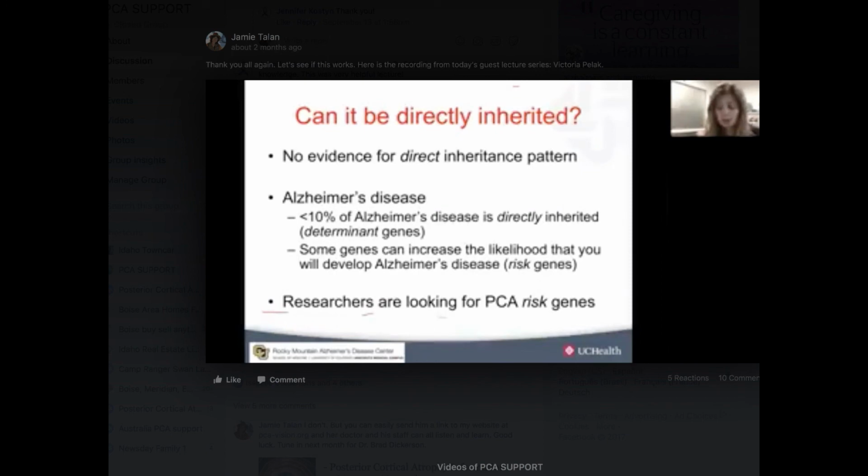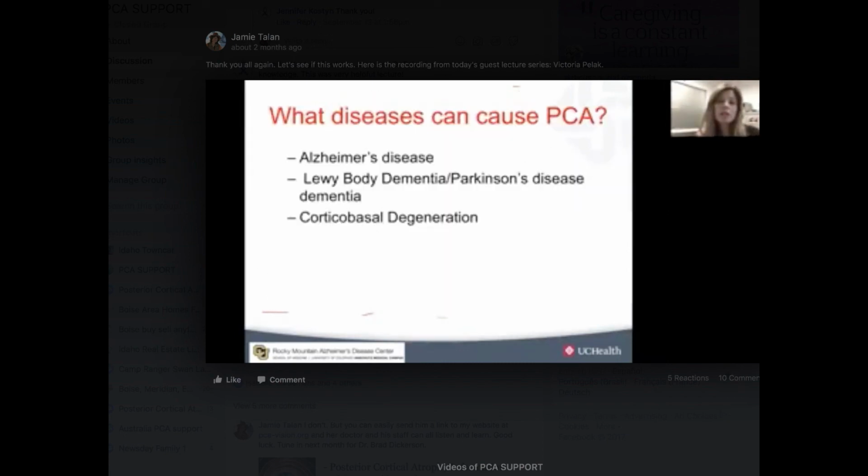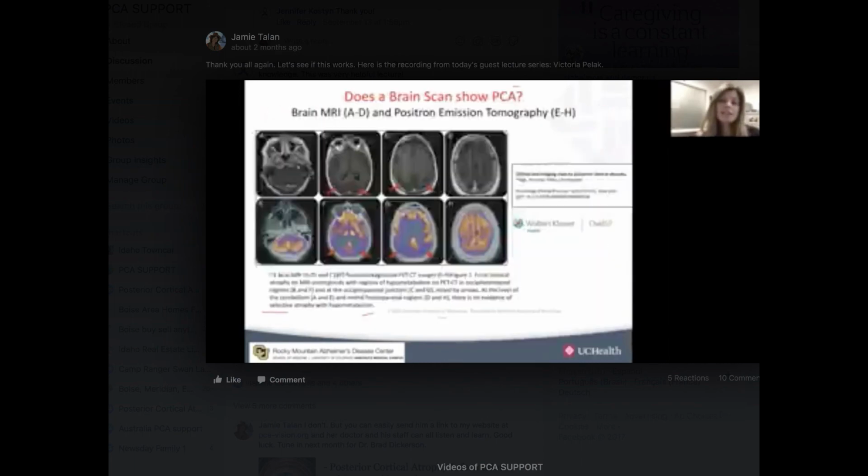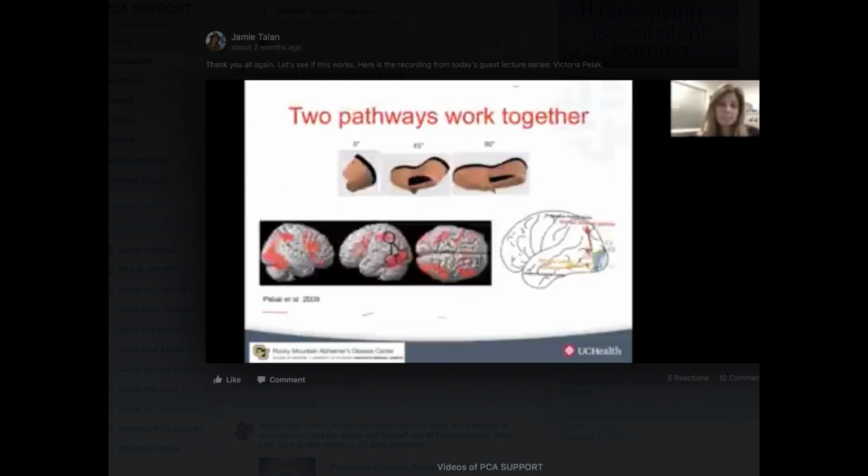So circling back around to directly answer that question: currently we're finding some genes that may increase your risk for PCA, but we do not have any genetic tests that allow us to make that diagnosis. I hope that answers the question, and now I'll go back to the last slide that shows the caregiver survey.